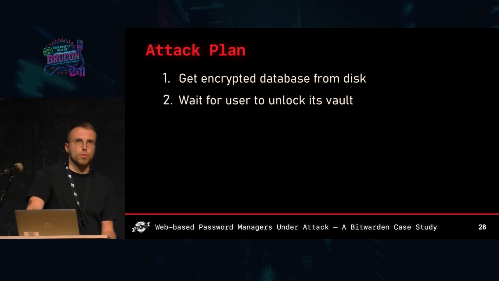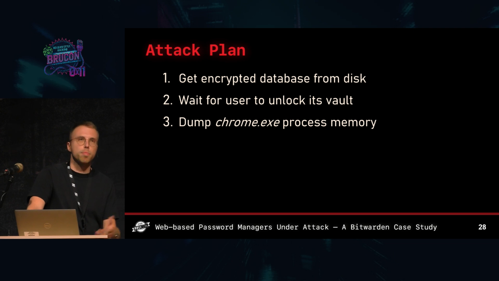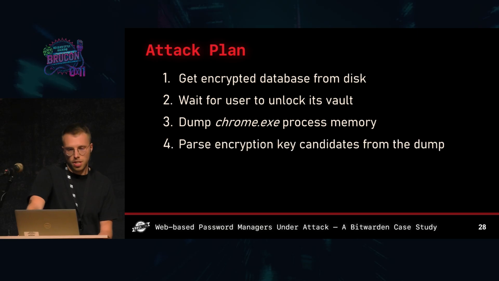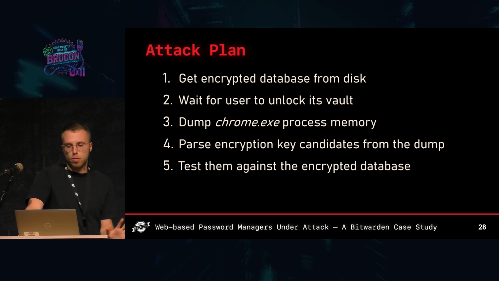Then wait for the user to unlock the vault, then dump the process at this moment, or a bit after, it does not have to be at the exact moment, and parse it with the regex that we just built for encryption key candidates. We are okay with having not a single one, but a few candidates, so we are going to test them against the encrypted database, and eventually profit by having our decrypted database and being able to hack the client.